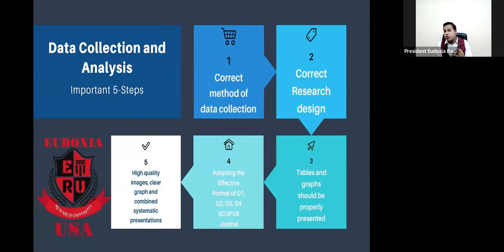You need to understand that whenever you're presenting your paper to the journal, make sure that in the graphs and photographs you have this combined system of presentation, which is very important. But each and every time, it should be clear, with a clear image. Otherwise, they will not have interest to publish your work.